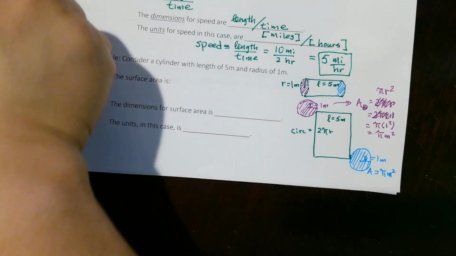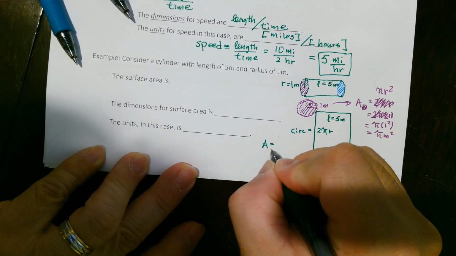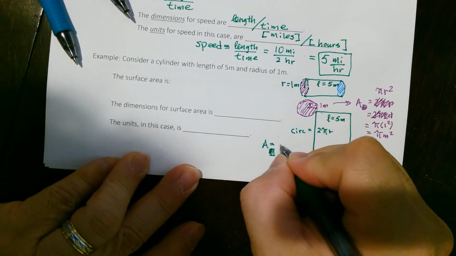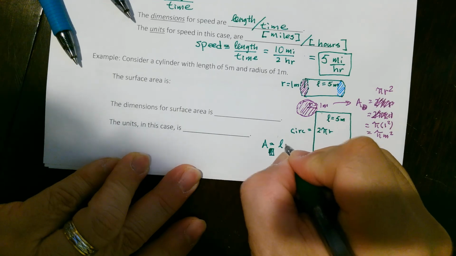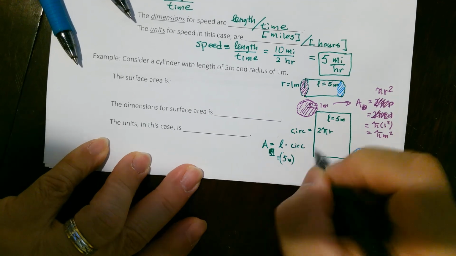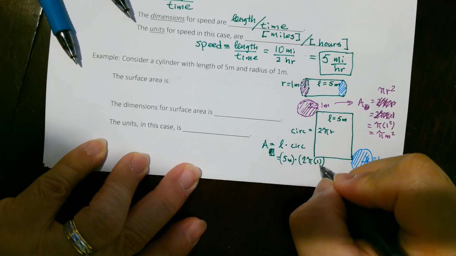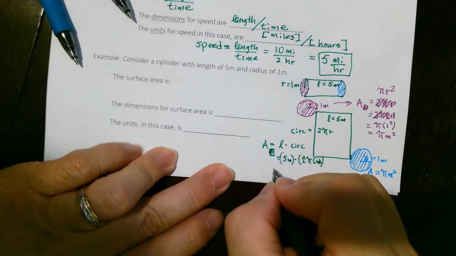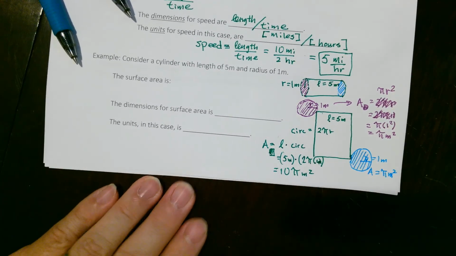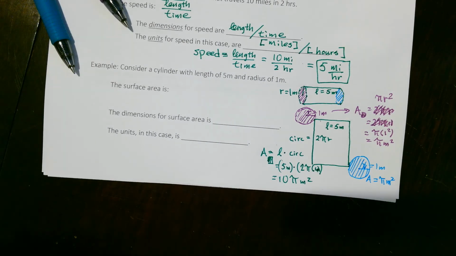And at the bottom, here we have the area for the rectangular part, which is equal to length times the circumference, right? So that is 5 meters times 2 pi times 1 meter. So we have 10 pi meters squared. So now we can say, what is the total area?